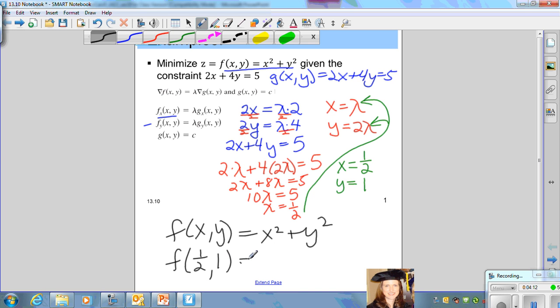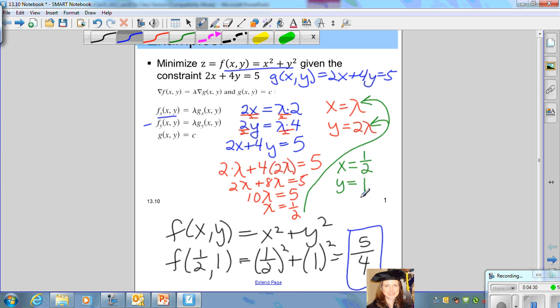So that's 1/2 quantity squared plus 1 squared, which is 1/4 plus 1, and that is 5 over 4. So this ends up being the minimum of this function of two variables given the constraint. If you choose any other points in the domain, all of those other points are going to be greater than 5/4.